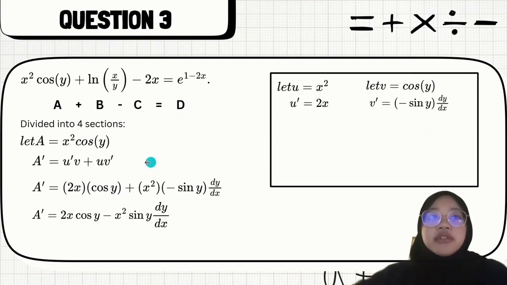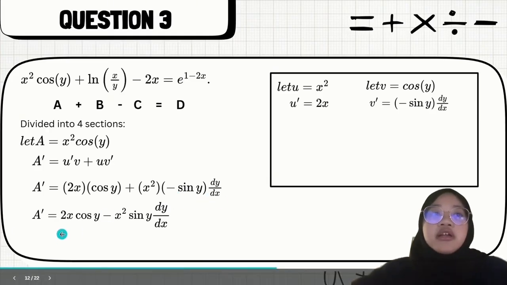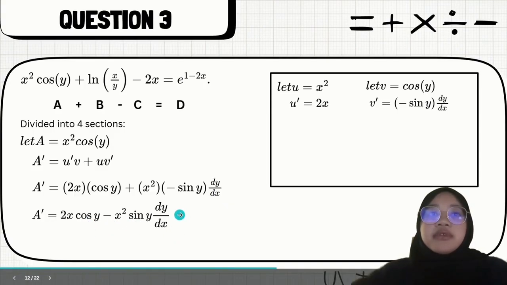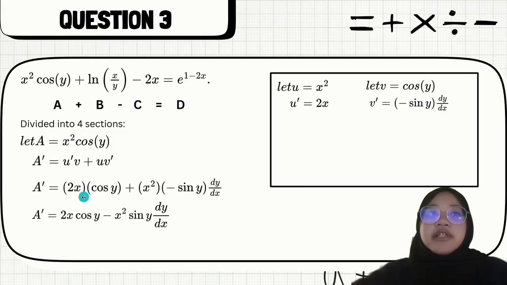Next, we will substitute into the formula of the product rule: 2x cos y plus x squared times negative sin y dy/dx. We will get 2x cos y minus x squared sin y dy/dx. We will get this after we expand the terms.